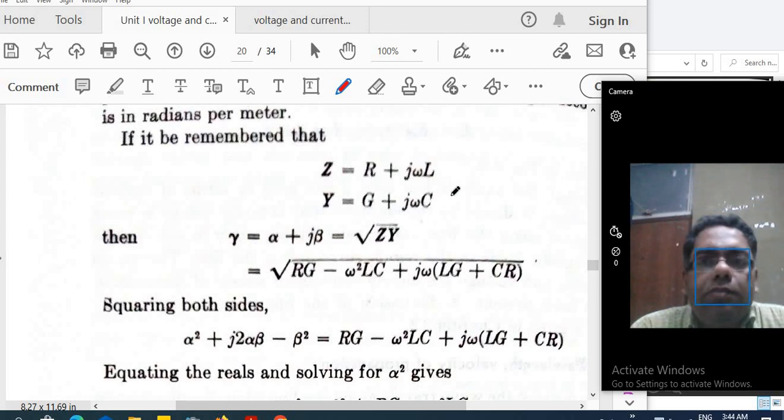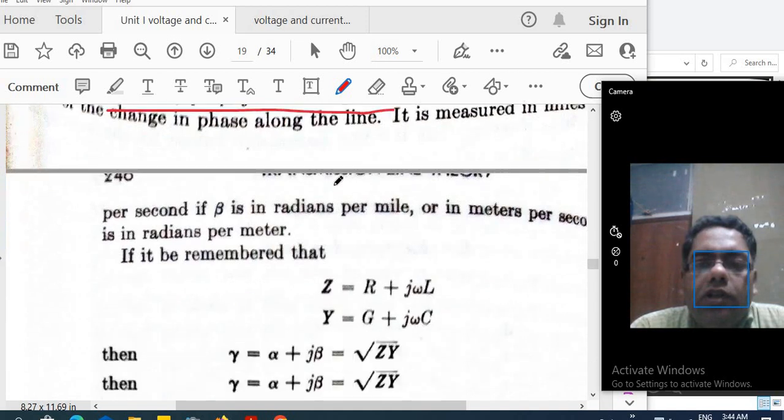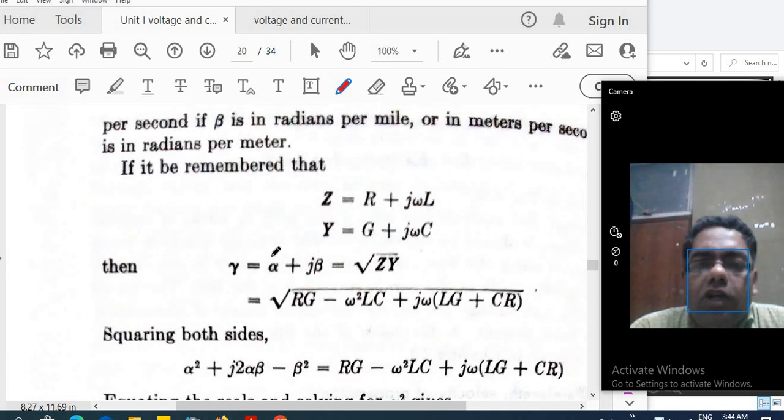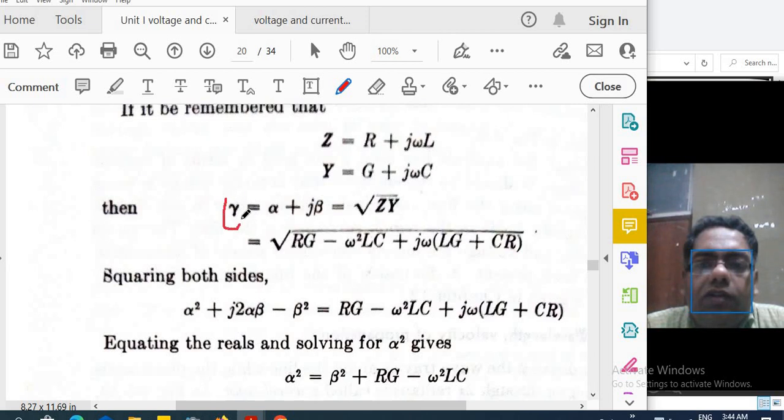In the previous lecture, I told that the expression for gamma, the propagation constant of the wave, can be written as alpha plus j beta, which is equal to root of zy.